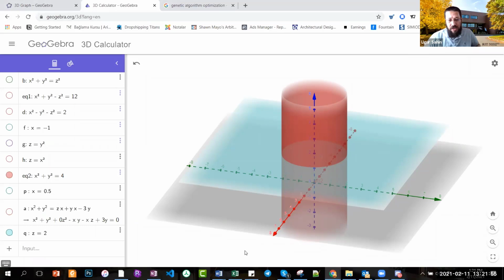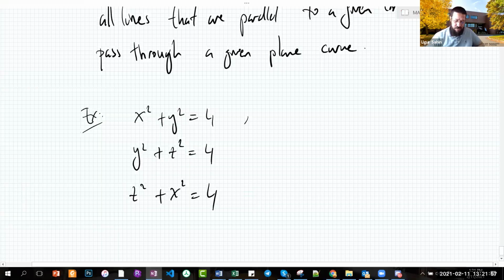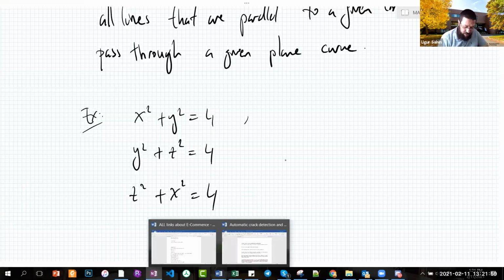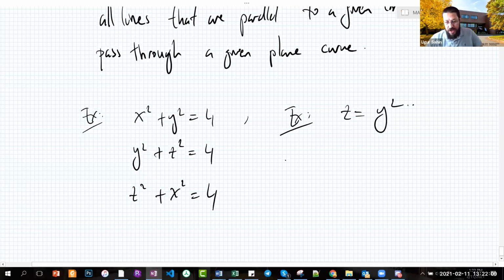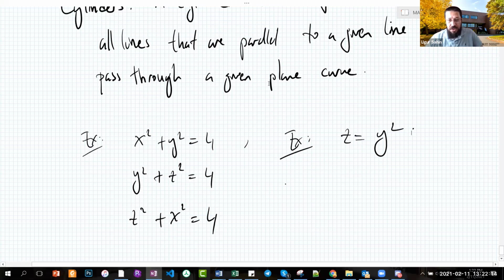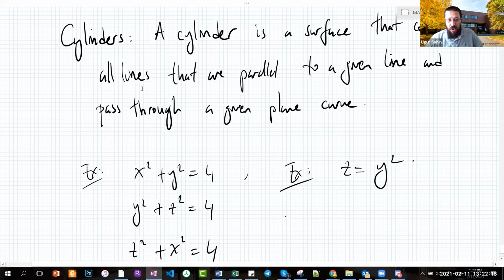But I'd like to show you another cylinder following this definition. Is that another cylinder? Yes, guys. Why do we call it a cylinder? It says, look at that: a surface that consists of all lines that are parallel to a given line. Let me show you what I mean by that.